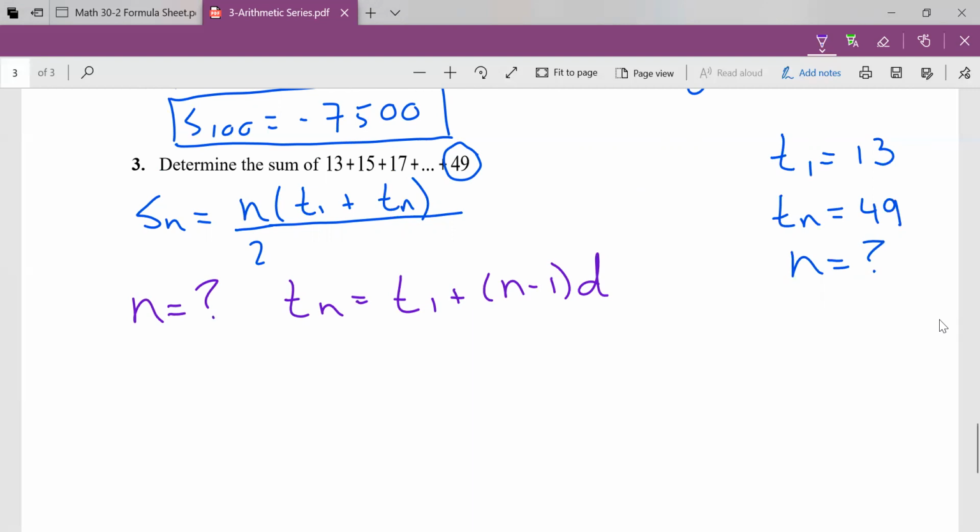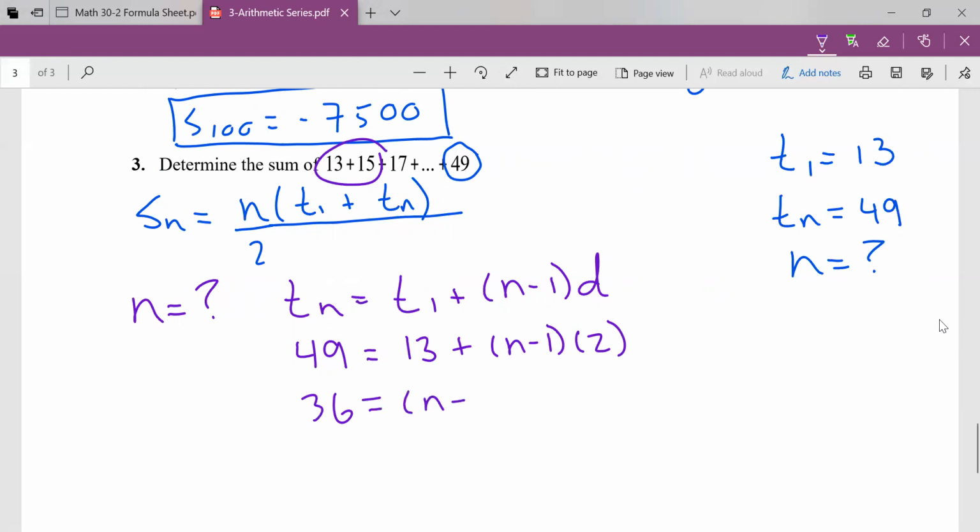In this one, Tn we know is 49, T1 is 13, n is what we're looking for, and the difference I can look up here and say is 2. Now I'm going to isolate for n, so that's 36, n minus 1 times 2, divide by 2, so n is 19.